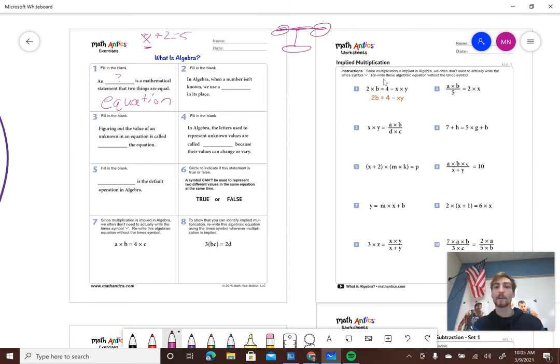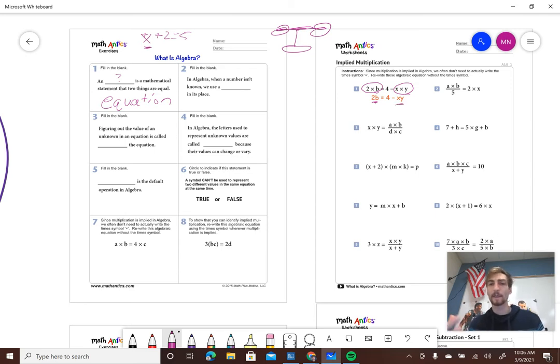And then for the implied multiplication worksheet, what you're doing here is anytime you see multiplication, you're going to highlight or circle it. So I'm going to circle 2 times b, and I'm going to rewrite it as just 2b. And here I see x times y, so I'm going to rewrite it as just xy.